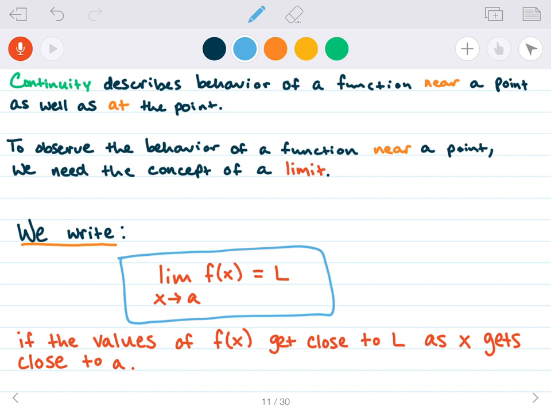So as x approaches a, f of x approaches L. Okay? So that's what this means. The whole idea of the limit is this.